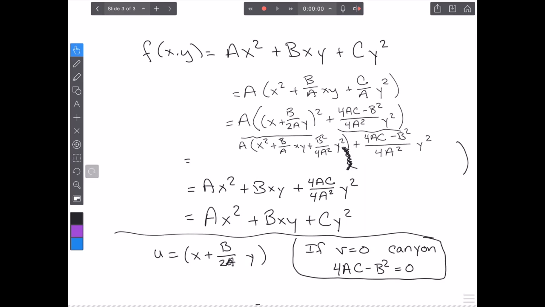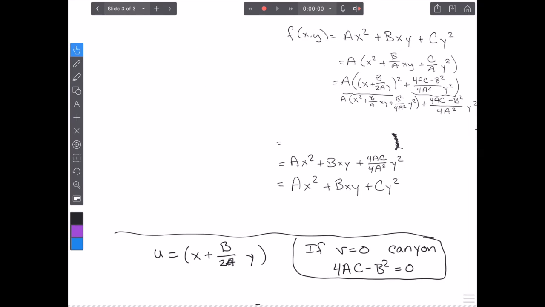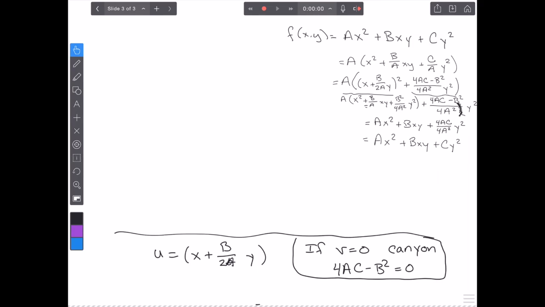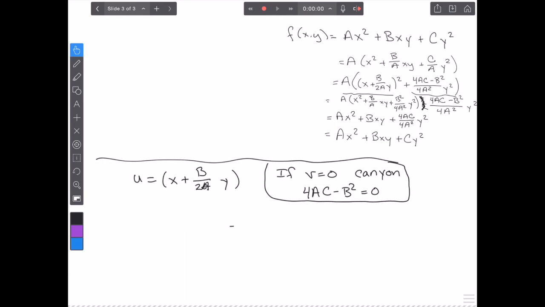Let me just shrink some of the calculations and get them out of the way. There we go. All right, so my first condition for a canyon was that u would be equal to x plus b over 2a y, and v is equal to 0.